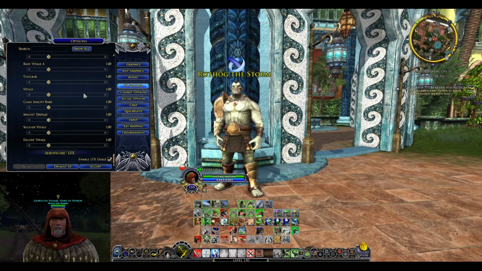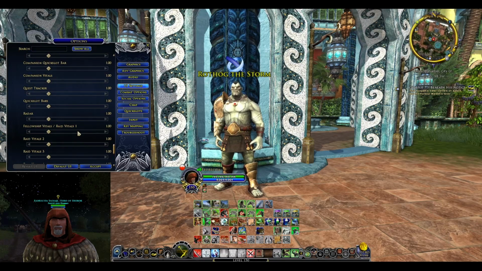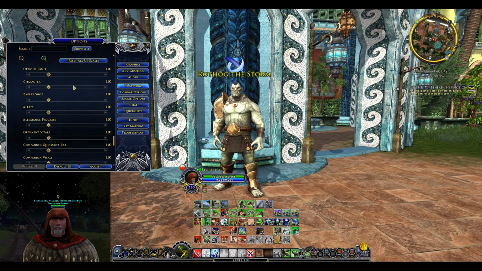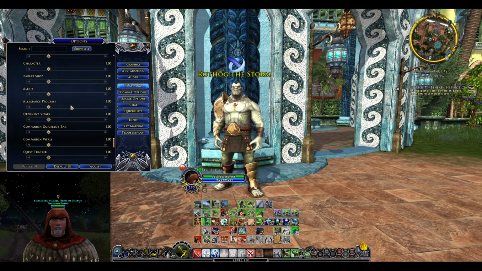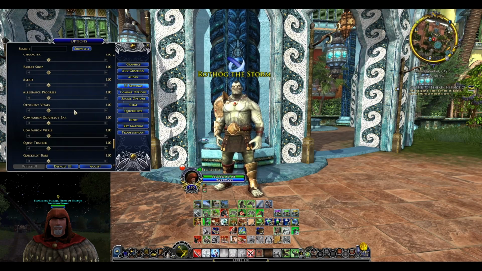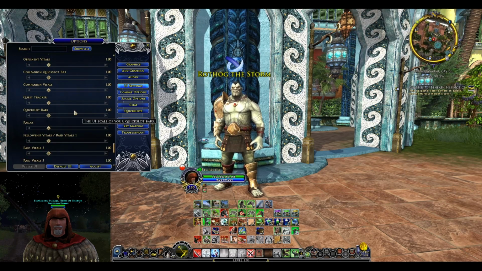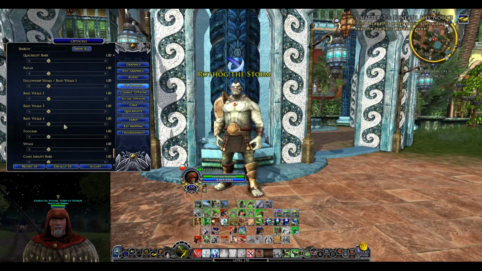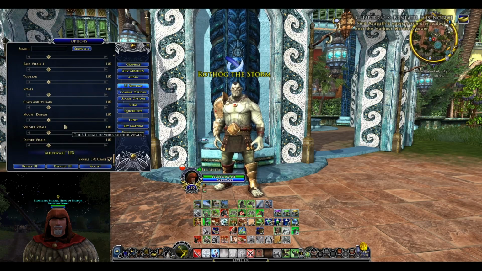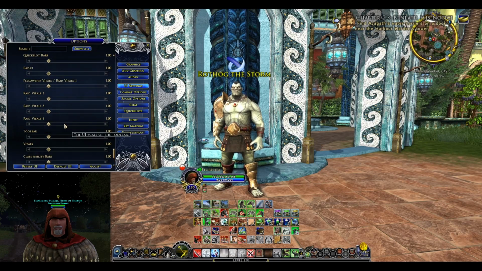Options, UI. Let's go to Quest Tracker. There we go. And then I want to see the quest text.